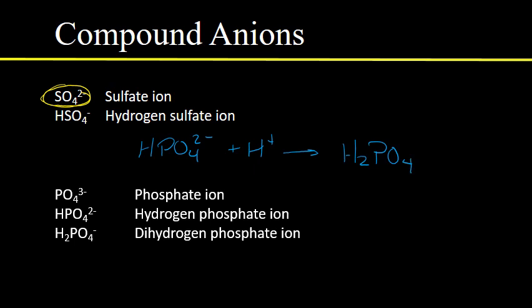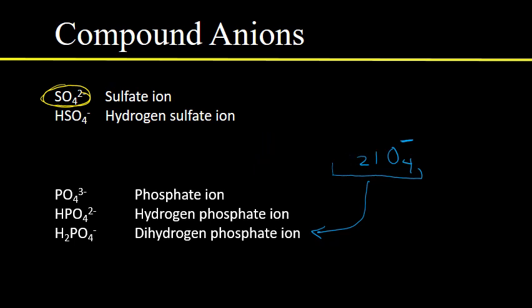And our charge is going to be 2- from the hydrogen phosphate and +1 from the hydrogen, the net of -1. And so now I've got a phosphate that's had 2 hydrogens added to it, and this would be called a dihydrogen phosphate ion, and the charge is -1. Okay. Now this is the point I was about to make with the sulfate.